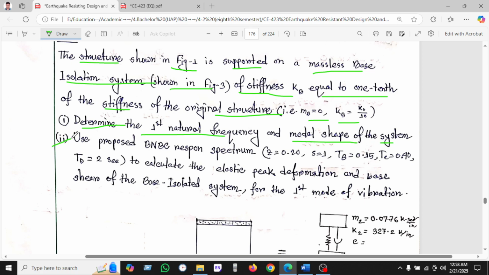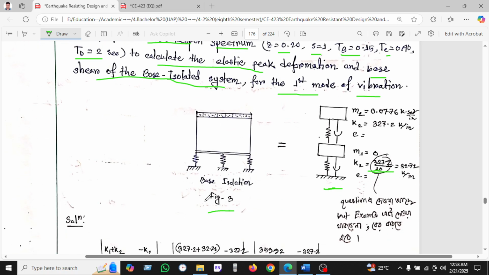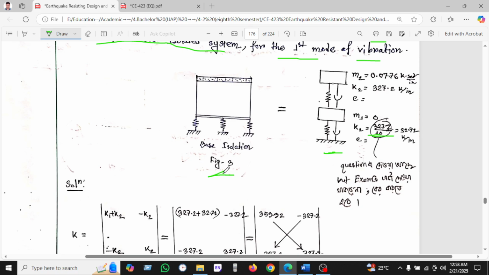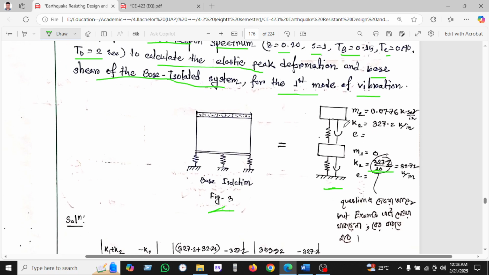Okay, second, we have to use the proposed BNBC 2020 spectrum, which is given Z as S, TB, TC and TD, and we have to calculate the elastic peak deformation and base shear of the base isolation system for the first mode of vibration. Okay, let's see. Here is figure 3, and this is the massless figure.